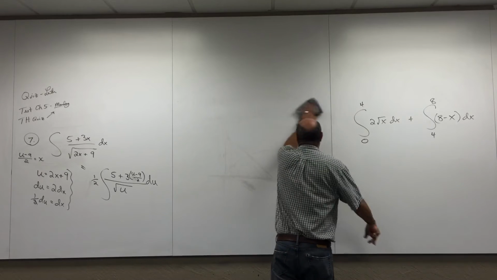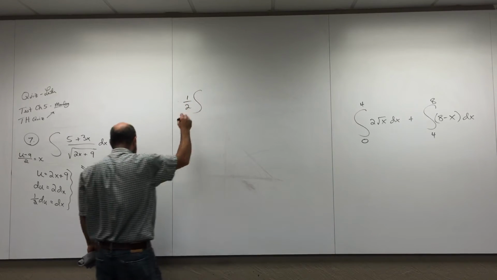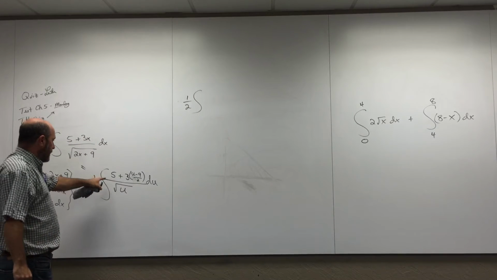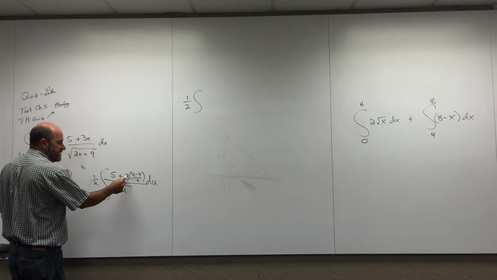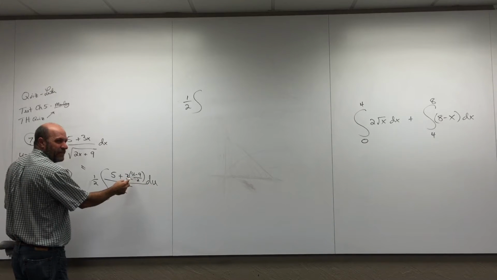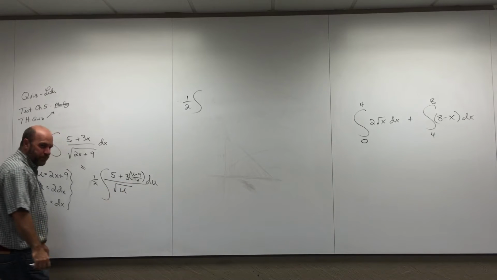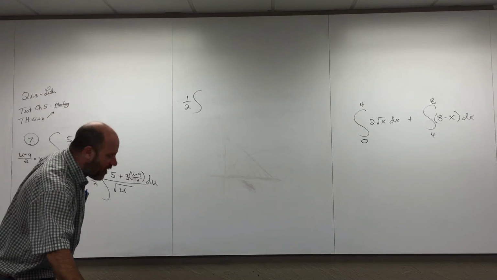How y'all do this algebra is kind of up to you, but I would sort of think of this as a 3 halves, and I would distribute it, I think. Could you leave the 5 plus 3 and pull a 1/2 out? Here's a problem.